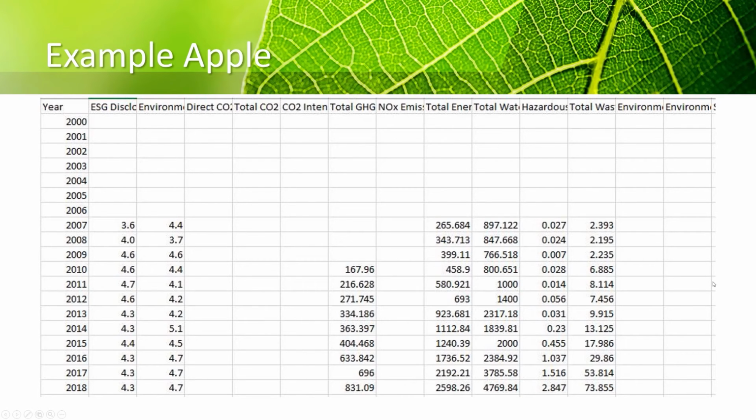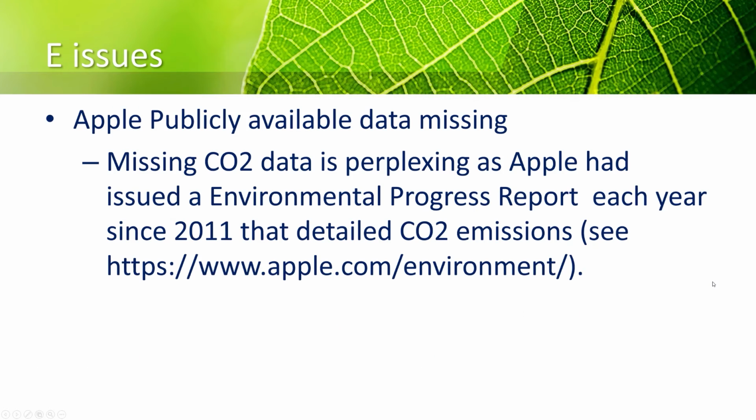Now, what is really odd about this is that the missing CO2 data is perplexing, as Apple had issued an environmental progress report each year since 2011 that detailed CO2 emissions. See apple.com/environment.